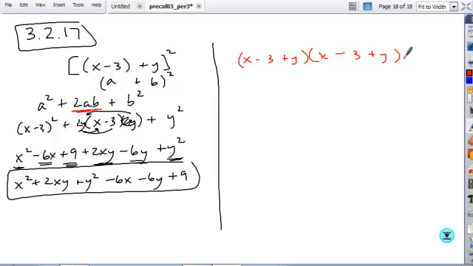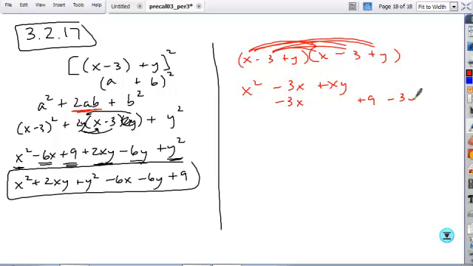And then just distribute. So if we start here, we get an x squared minus 3x plus xy. Move to the next term, minus 3x plus 9 minus 3y. Move to the last term, distribute it, plus xy minus 3y plus y squared.